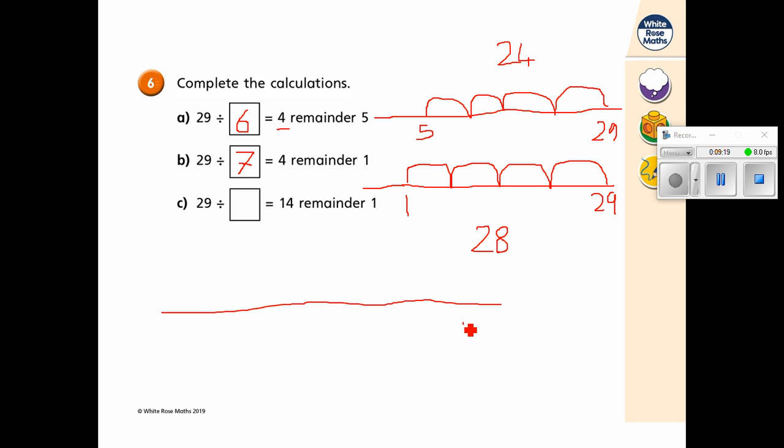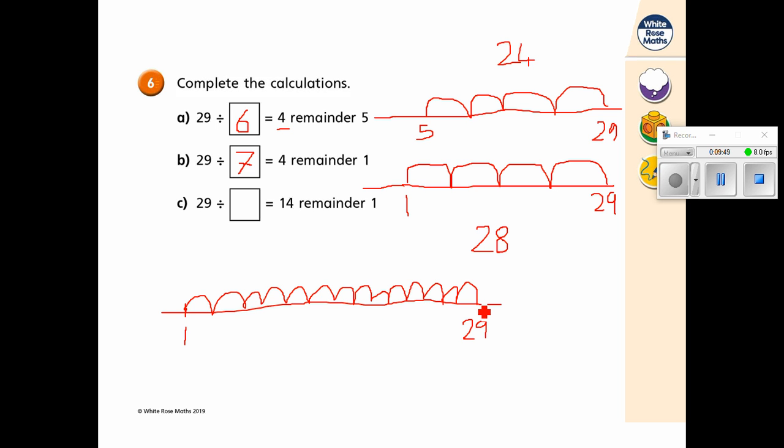Right, okay, well, 29. Now if it's a remainder of just 1, that means that the last step would be there, so that would be 1. And then 14, 2, 3, 4, 5, 6, 7, 8, 9, 10, 11, 12, 13, 14.